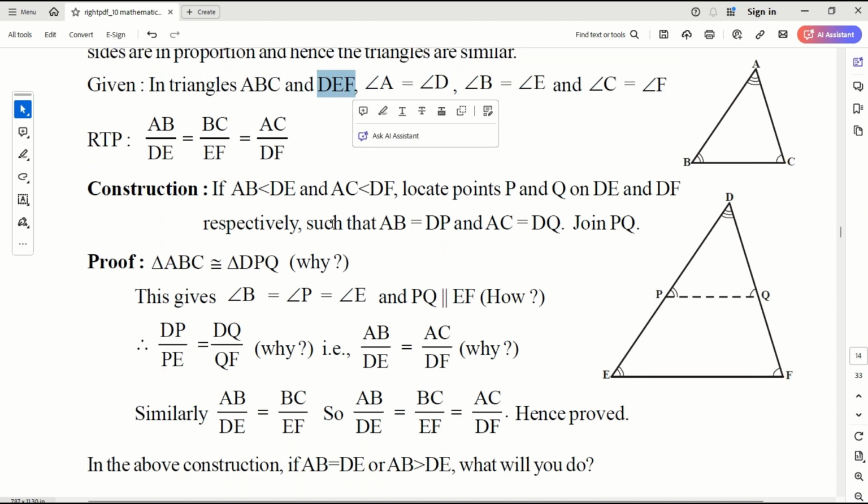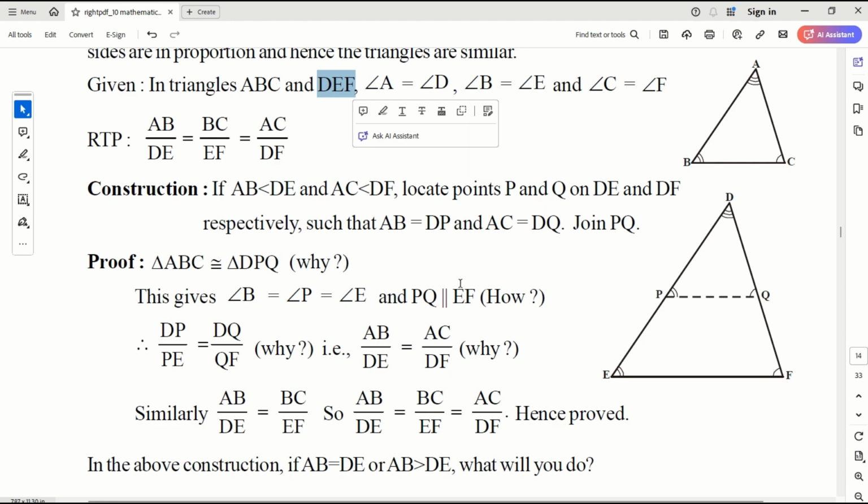Let's see. Suppose AB is less than DE. Now you can take this triangle and put it on this one because angle A is the same as angle D, so it fits exactly and overlaps on the bigger triangle, right? And you mark the length and draw a line PQ. Now DP is equal to AB, and DQ is equal to AC.